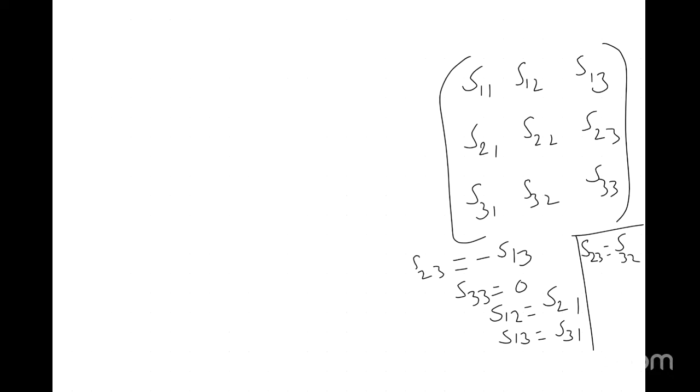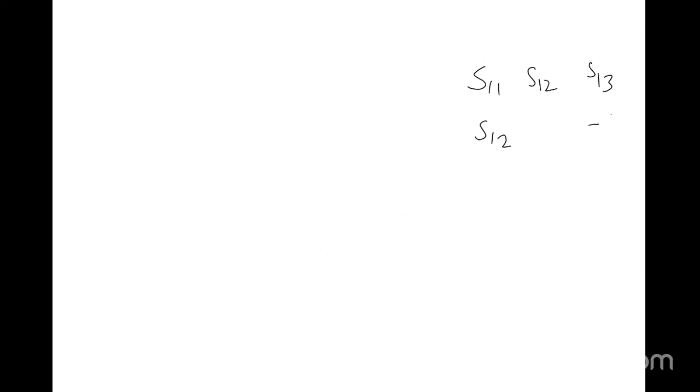After substituting all these conditions in the 3 by 3 matrix, what matrix do we get? The matrix is S11, S12, S13. In place of S23, I am substituting minus S13.